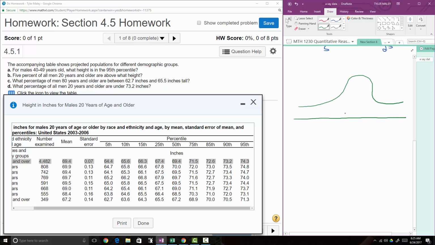If we find 73.2 inches, this matches up with the 90th percentile. The question asks what percent of men are under 73.2 inches, so the percent that are under would be 90%.